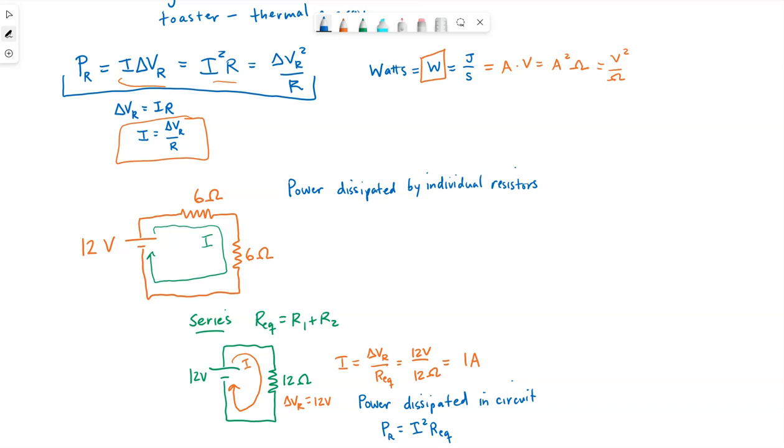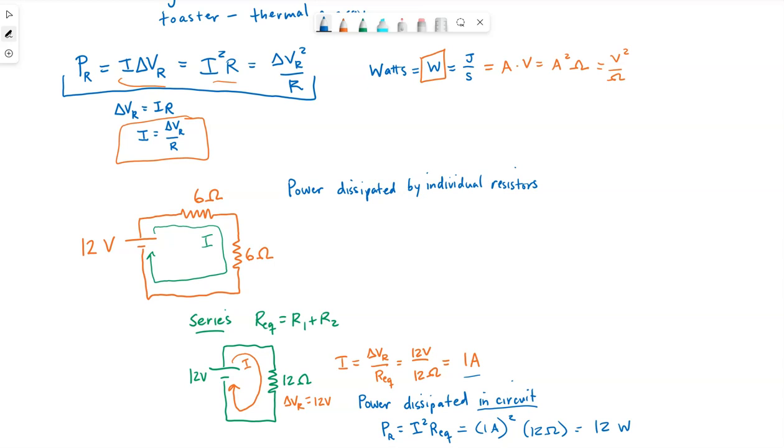So in the situation where we want to know the power dissipated in the circuit as a whole, we can look at this total current that is flowing and then multiply by the equivalent resistance, which we found is 12 ohms. So this particular circuit would dissipate 12 watts. So 12 joules per second.